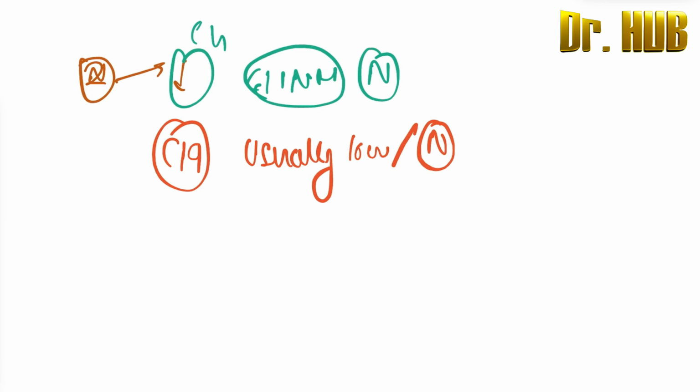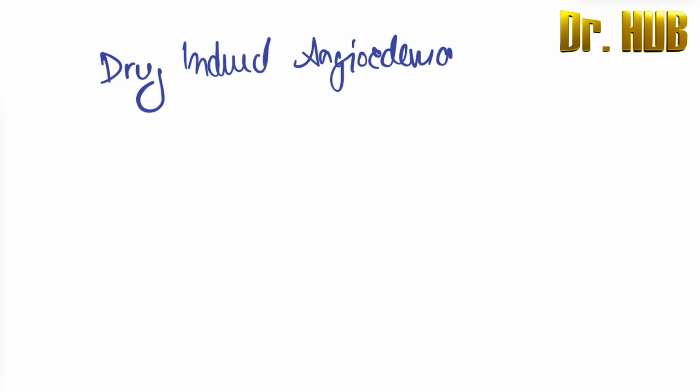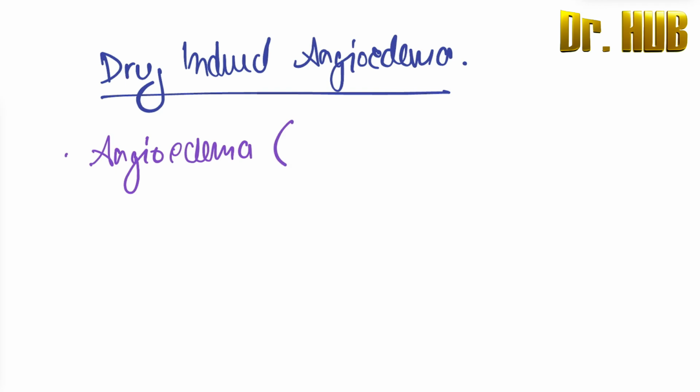Next, we move on to drug-induced angioedema. Drug-induced angioedema is angioedema that occurs through the allergic mechanism, and it does not involve the C1 inhibitors.